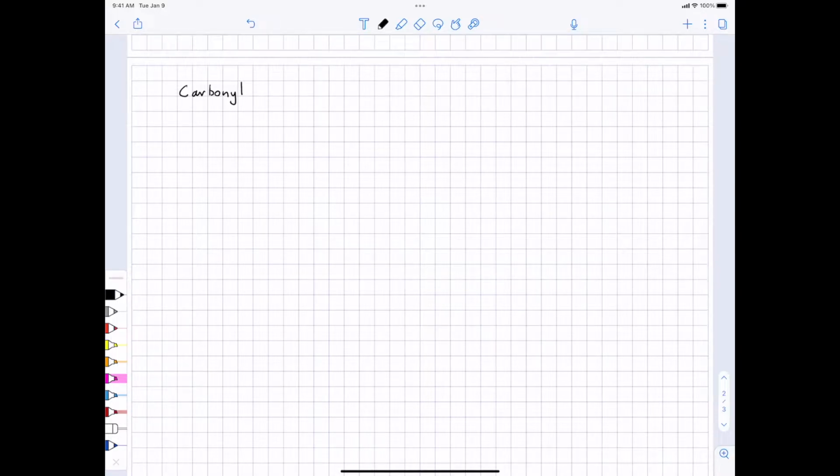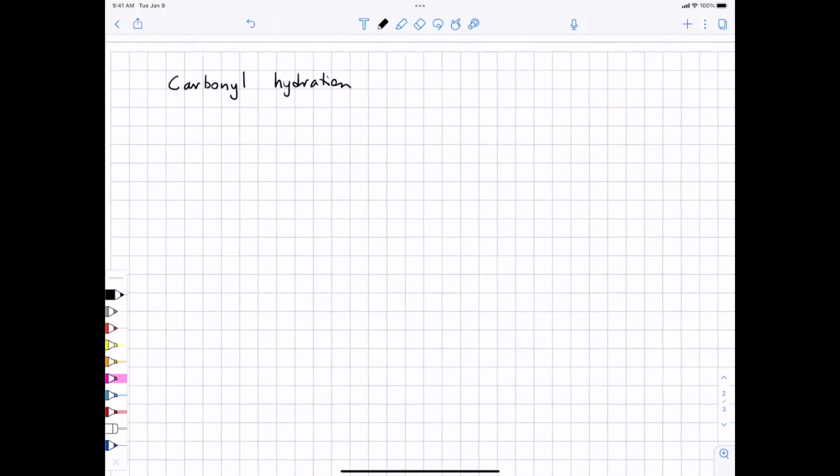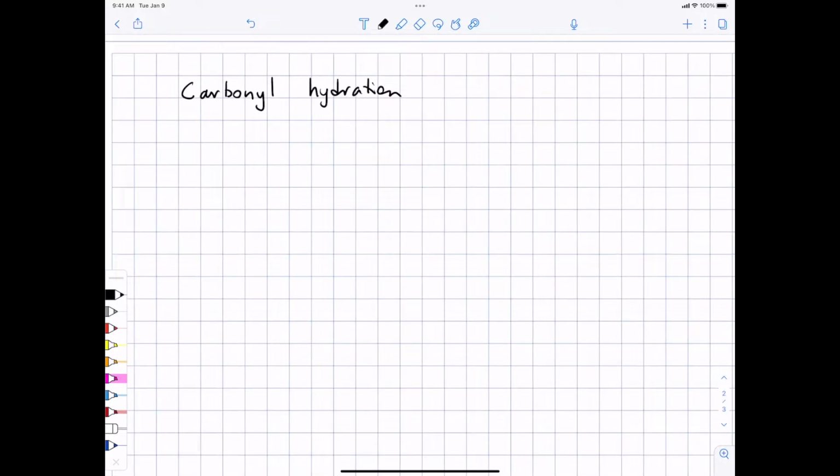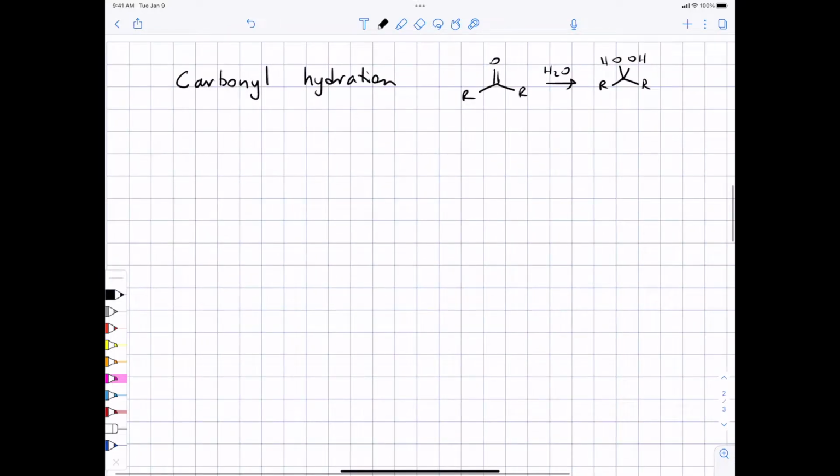So carbonyl addition reactions, we'll think about hydration, and whatever we say for hydration could be true for acetal formation. This is the reaction where you add water and you get the carbonyl hydrate, or the gem diol as it's sometimes called.